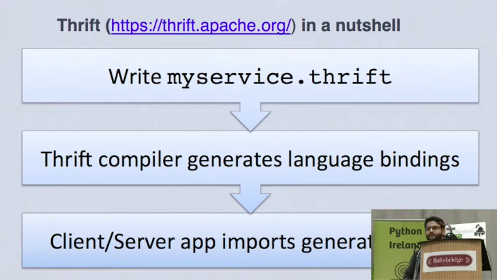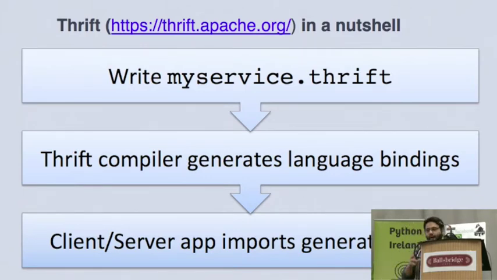So when you create a Thrift service, what you have to do is create a text file, give it an extension called .thrift, and define your service there. You can define all the different methods that you expose to the external world, and the data types that you need to use in your service.